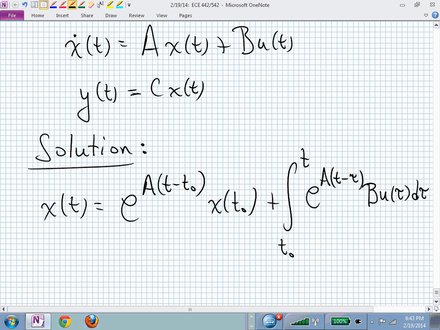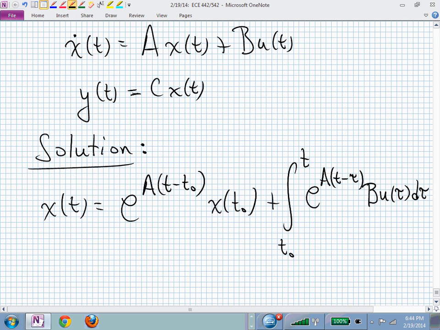But all we have to know is that this is now our solution, and now we have a way actually to discretize this particular system. What are we going to do? We are trying to do a zero-order hold equivalent, which means starting at t naught, if we apply a u to our system, we find what u is at t naught, and we hold it constant until we get to the next sample period.